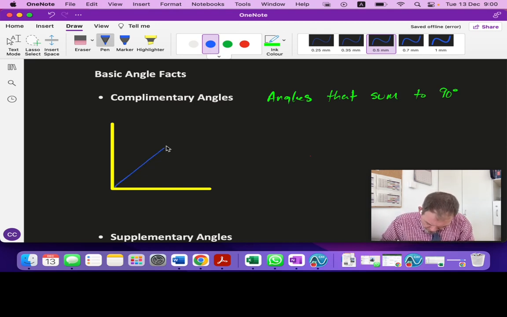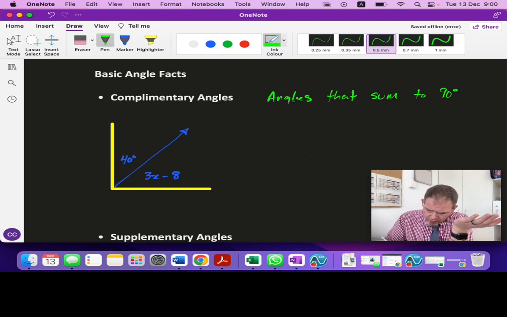All right, so let's look at a more complicated version. If I draw an angle like that, and I tell you that this is 40 degrees, and this is 3x minus 8 degrees, then we need to set up that algebraic equation and solve. So 40 degrees plus 3x minus 8 has got to be equal to 90.